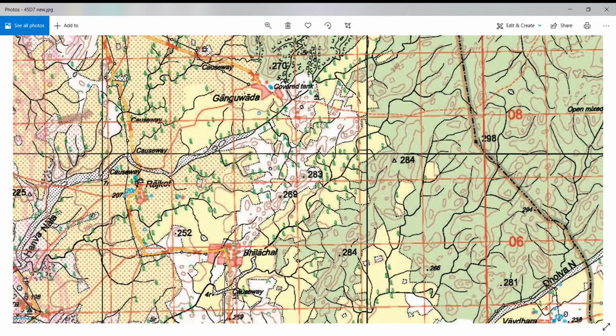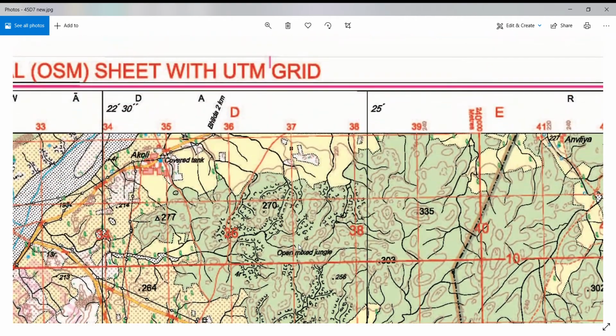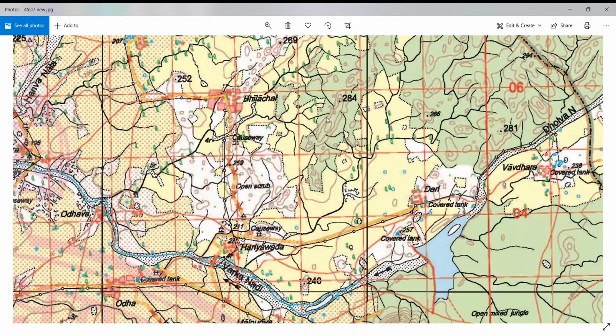Here is 284. So spot height of 284 is located on eastings 37. So your first four figures will be 37, and on this side you can see 6, so this must be 5. So it's located on 05.